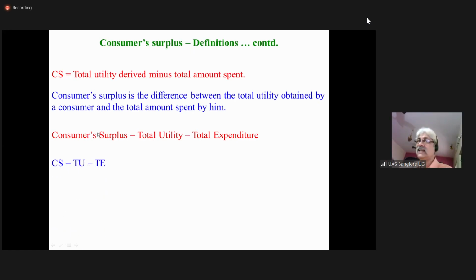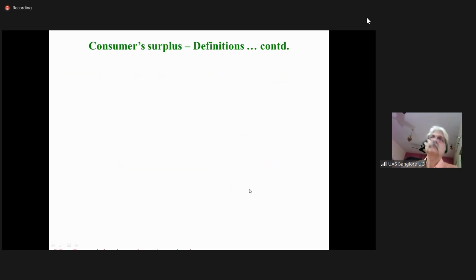So CS, consumer surplus, is equal to total utility minus total expenditure. So that is equal to sigma MU, the summation of marginal utilities, minus price into the number of units of the commodity purchased, or the quantity. Another way: consumer surplus is potential price minus actual price.